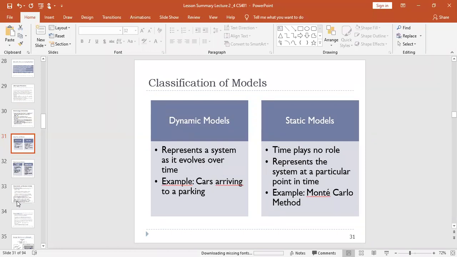Those are dynamic models, or the position of a car at a given time. If you are using the kinematic equations, those are dynamic models because they are time homogeneous. Then we also have static models, where time is not a factor, like Monte Carlo simulations.